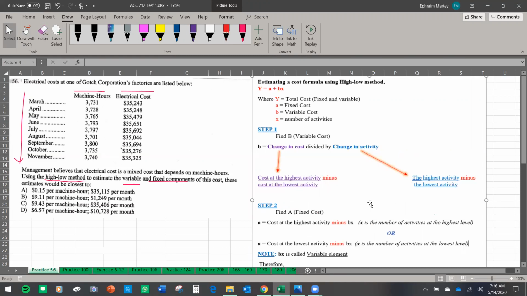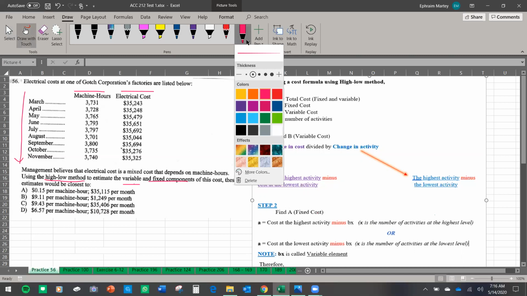And I've made it simple so you can follow. The arrow points to the change in cost, which is the cost at the highest activity minus the cost at the lowest activity. Now we're going to look for the highest activity and also the lowest activity, because we need these two months to compute the rest of our exercises in this practice exercise 57, 56.